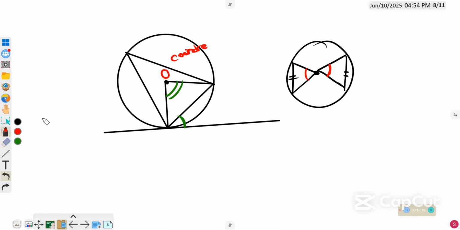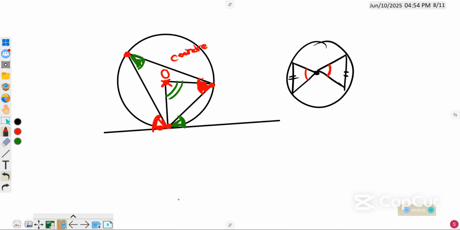Just look at the triangle. One, it's not at the circumference. That triangle only has 2 points at the circumference. Hence, the Tan-Chord won't apply. But the one which I just drew has all 3 points at the circumference, which means this angle right here would be equal to that angle there, and also this one right here would be equal to that right there. So you need to be careful of such.